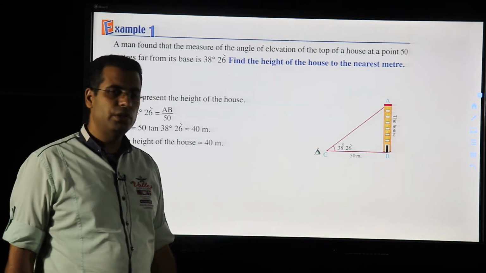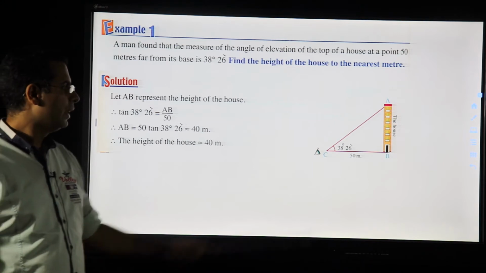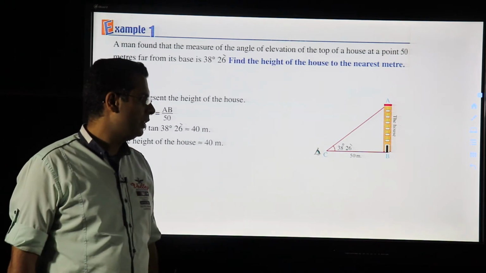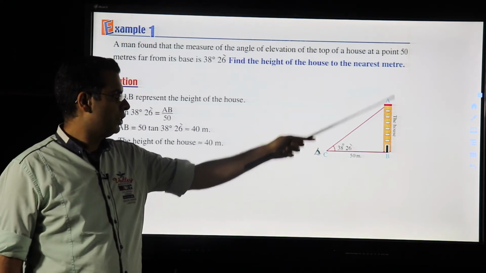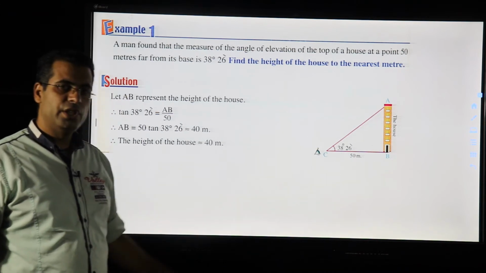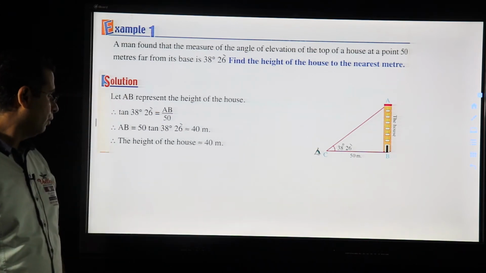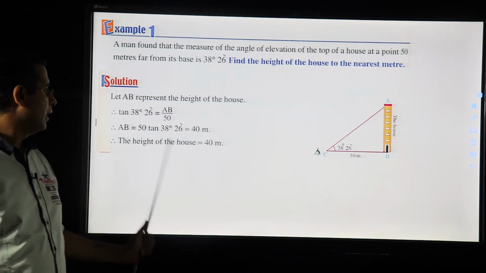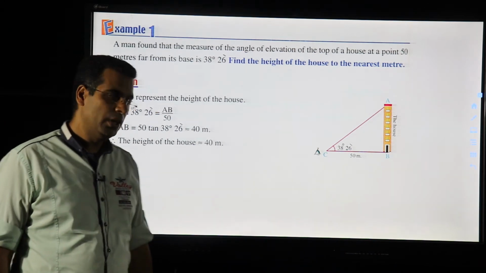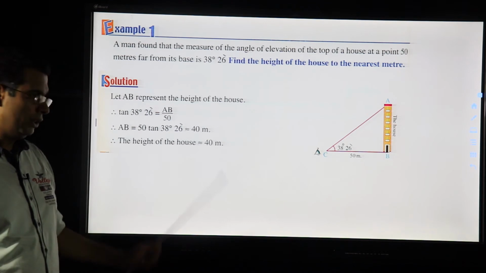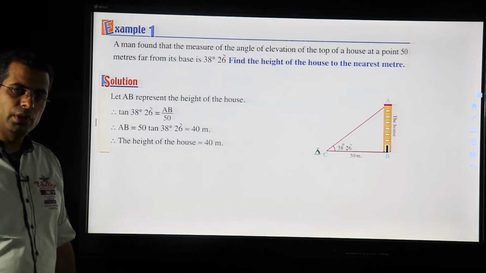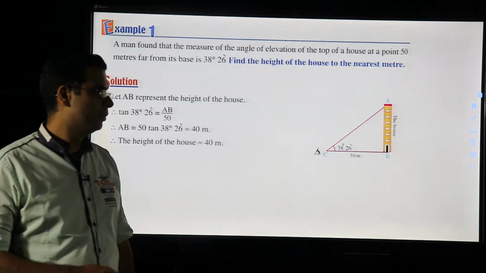We can use tan. Therefore, tan 38 degrees 26 minutes equals opposite, which is AB, over adjacent, which is 50. Therefore, AB equals 50 times tan 38 degrees 26 minutes, approximately equals 40 meters. Then the height of the house approximately equals 40 meters.